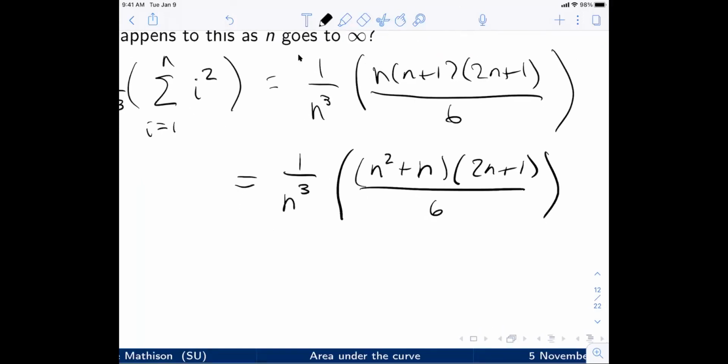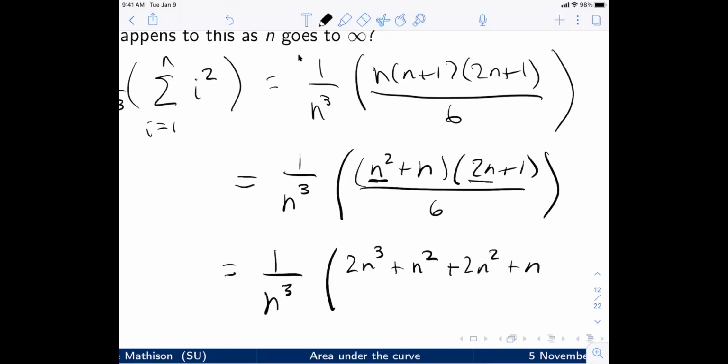Now, n squared plus n times 2n plus 1. Well, you can FOIL this, right? So FOIL first, n squared times 2n gives me 2n cubed. Outside gives me plus n squared. Inside gives me plus 2n squared. And last gives me plus n. That's divided by 6.